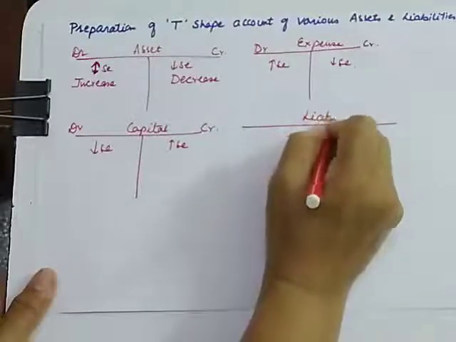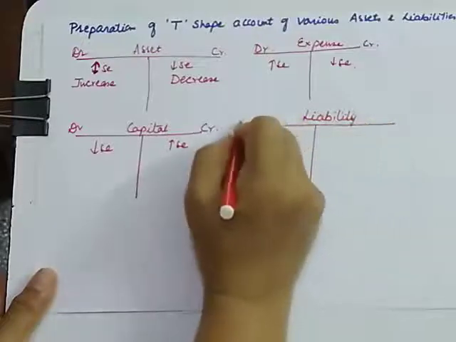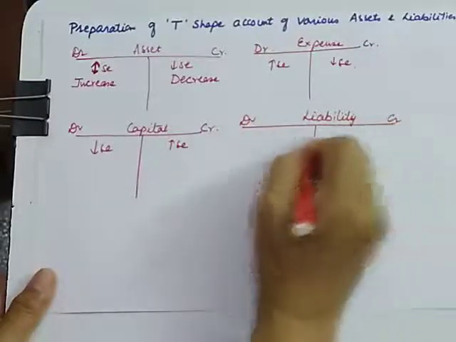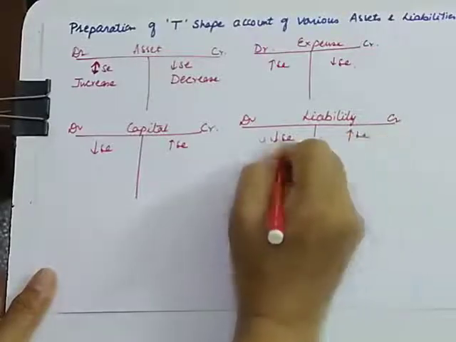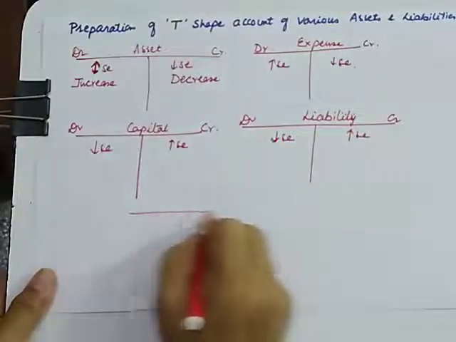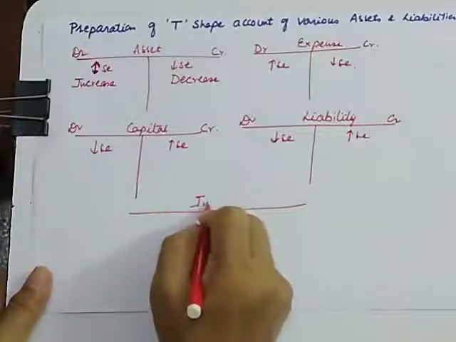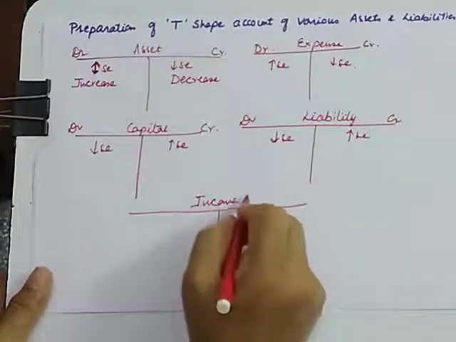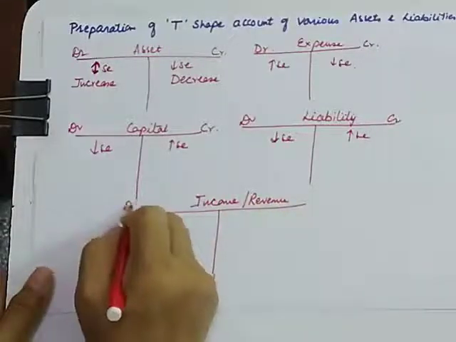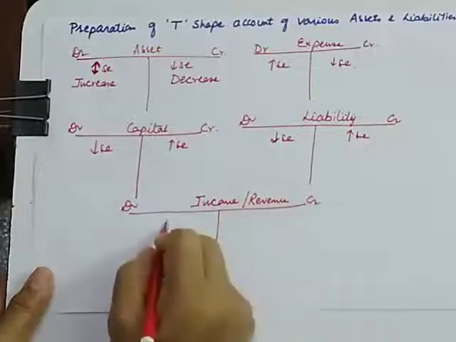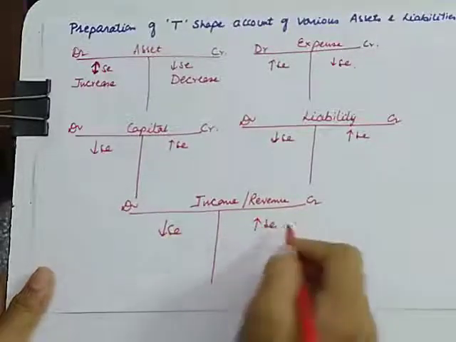Then external liability, which can be creditors, bills payable, outstanding expense: this is the decrease side and this is the increase side. And in the case of income or revenue, like sales, this side is decrease and this side is increase.